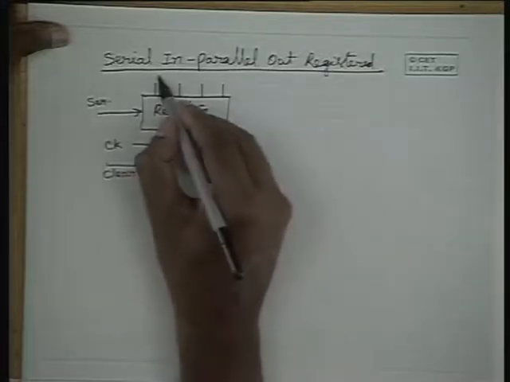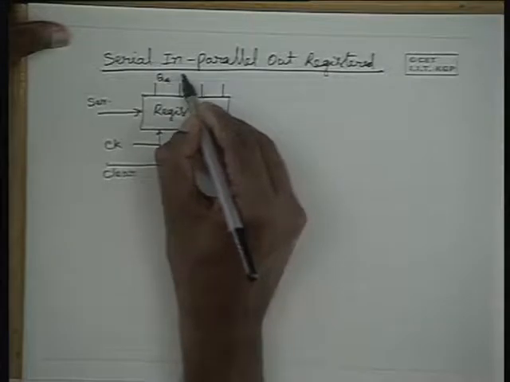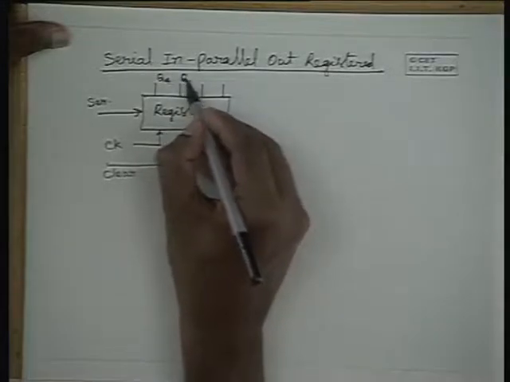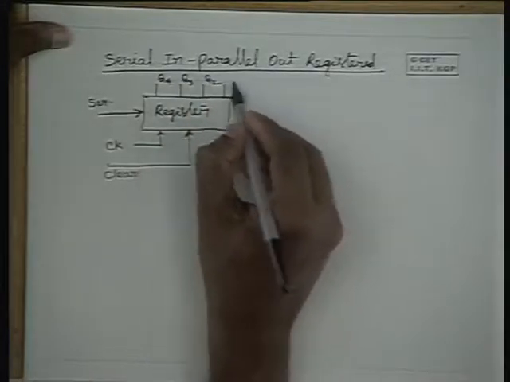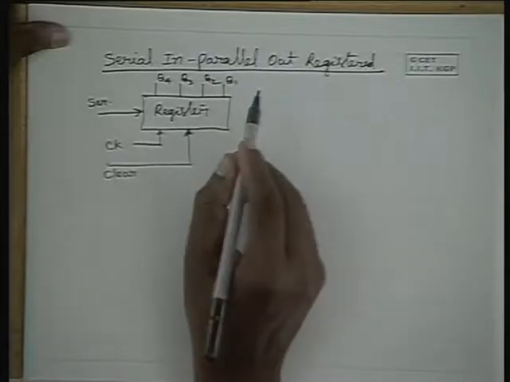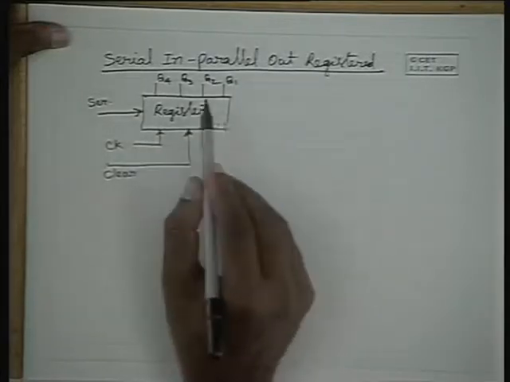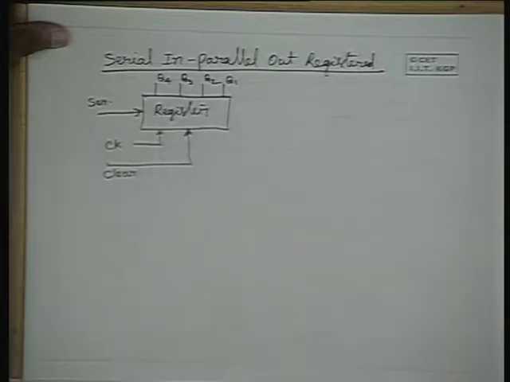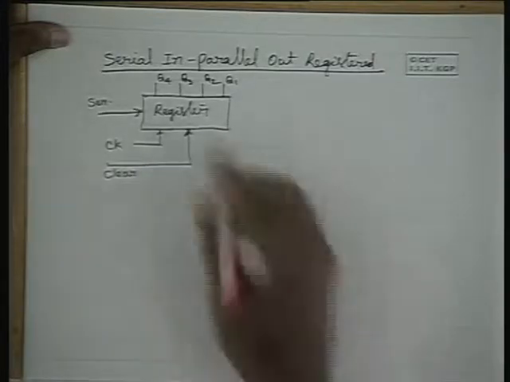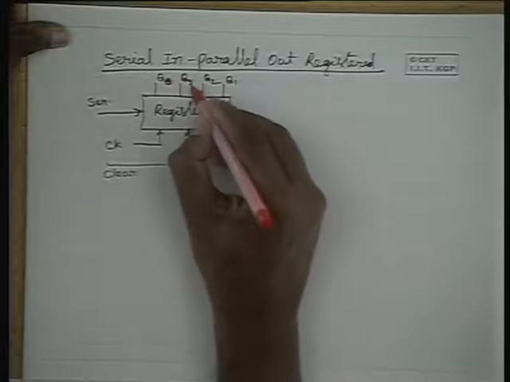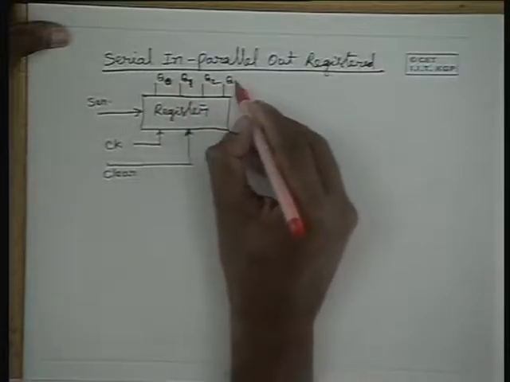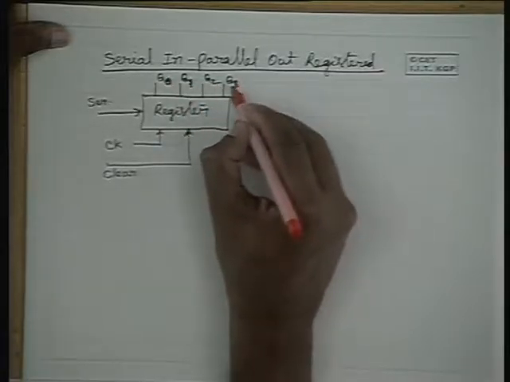these outputs, namely Q4, Q3, Q2 and Q1. In fact, in practice these are given in the reverse order, and this is Q0, this is Q1, Q2 and Q3. It starts from 0.